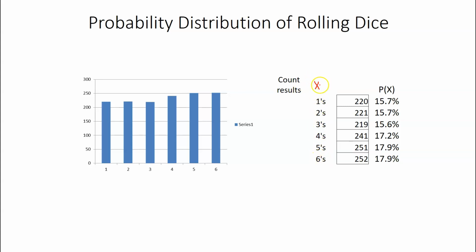That's the X, determined by chance, by rolling it. And this chart is the distribution. It's showing you how many times each thing showed up. And in this case, it's a probability distribution because we're talking about the probability of each one of them showing up with this particular experiment that was run right there.